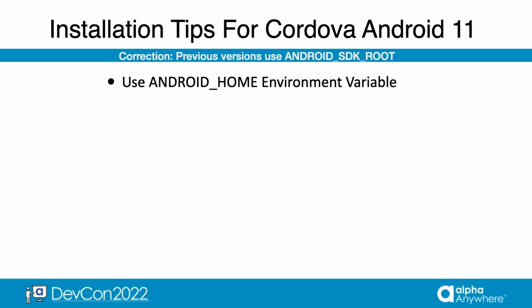So Cordova Android 11 now requires ANDROID_HOME. This was a change that was made by the folks at Android. So if you want to support Cordova Android 10 and Cordova Android 11, you can set up an environment variable for ANDROID_HOME and also set one up for ANDROID_SDK_ROOT. But I'll show you that in just a bit.